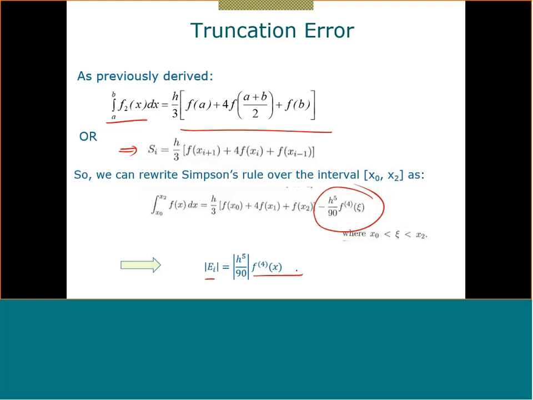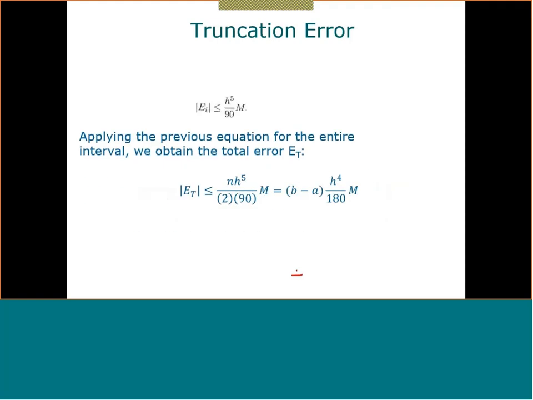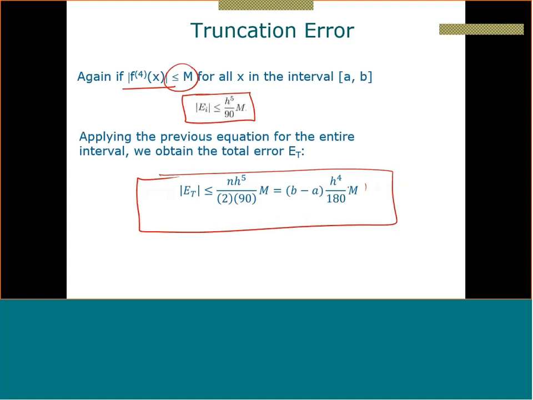So we will do exactly what we did last time, which is we will estimate the fourth derivative is less than or equal to a certain number M. So E_i is equal to this. And finally, this is the formula for the error, which is equal to (b minus a) over 180 h to the power of 4 times M, where M is the maximum value of the fourth derivative defined in the whole interval from a to b.